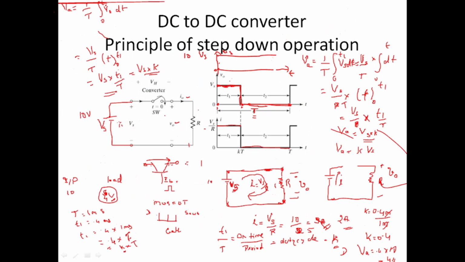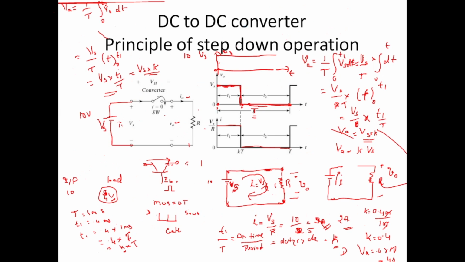So what is the formula for Pi? Similarly, we take the integration over one period, 0 to T. It is the product of source voltage and source current, into dt.